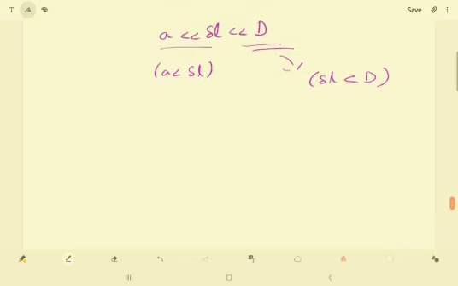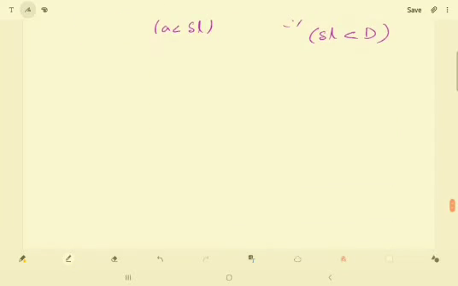So why should it be less than D? Let us prove that now.